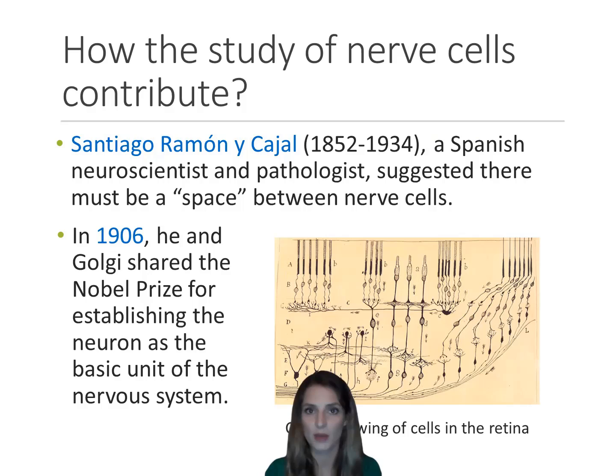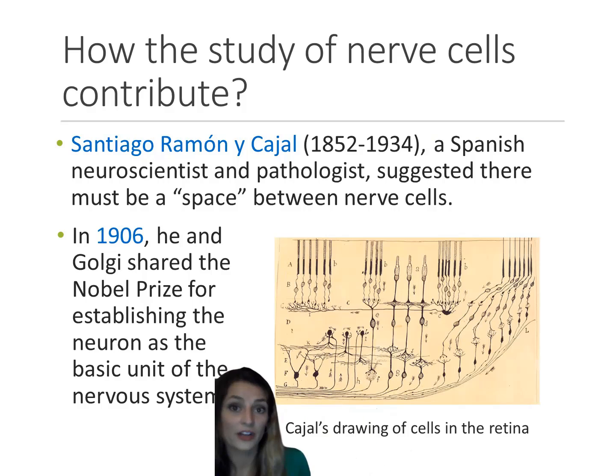He also looked at them under the microscope. In 1906, they actually shared the Nobel Prize for establishing the neuron as the basic unit of the nervous system. Here you can see that Cajal's illustration of nerve cells is a little bit more detailed than Golgi's.